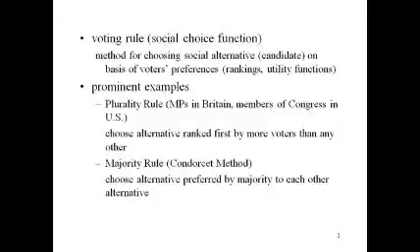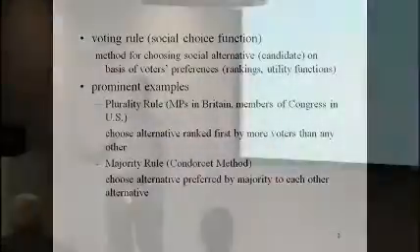And we're interested in studying voting rules, which are an example of social choice functions. A social choice function is simply a rule or a method for making collective decisions, choosing a social alternative, a candidate in the case of an election, on the basis of citizens' preferences.